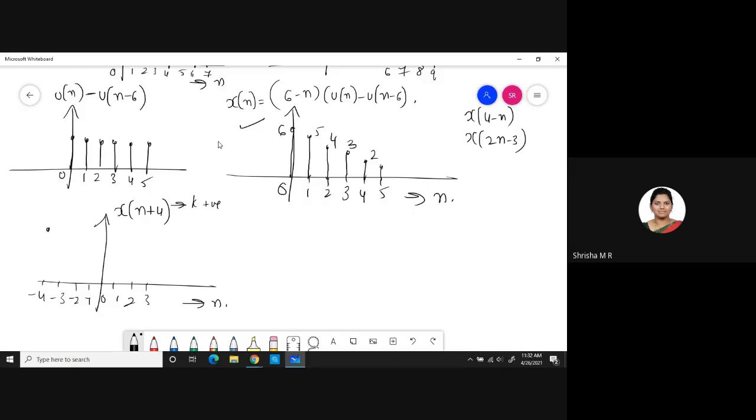So at minus 4 you have 6, at minus 3 you have 5, at minus 2 you have 4, at minus 1 you have 3, at 0 you have 2, and at 1 you have 1. So this is x of n plus 4.